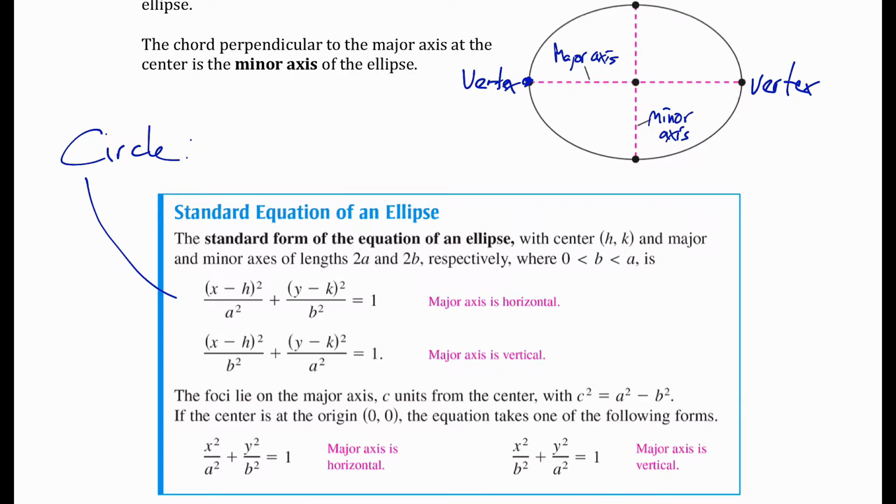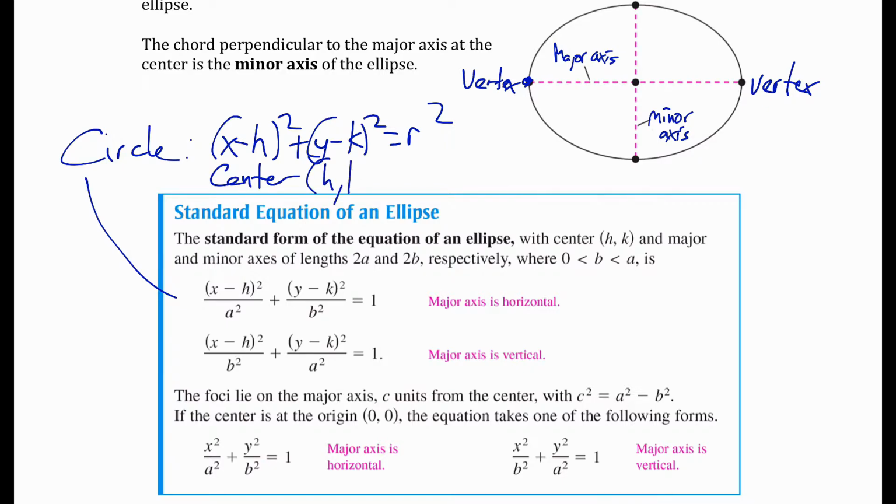The equation for a circle is (x minus h) squared plus (y minus k) squared equals r squared, with the center at the coordinate (h, k). In this case, it's very similar. We still have the (x minus h) squared and the (y minus k) squared, but both are being divided by a squared and b squared respectively. And they're also not equal to r squared, they're equal to just 1.